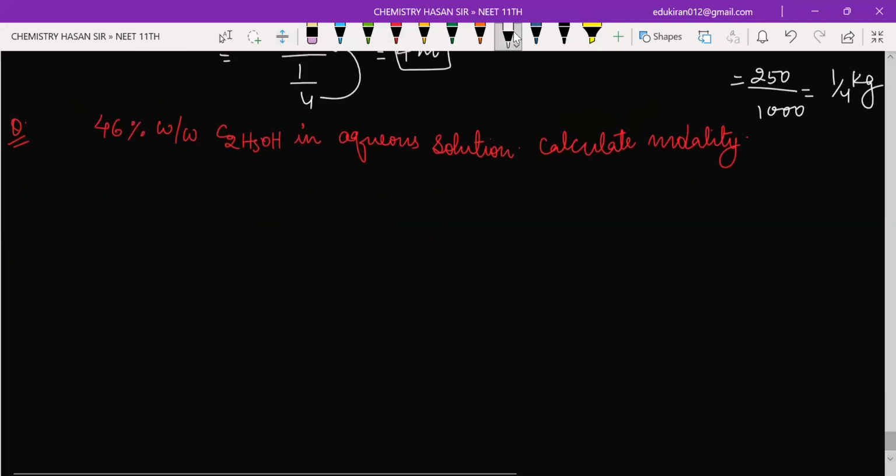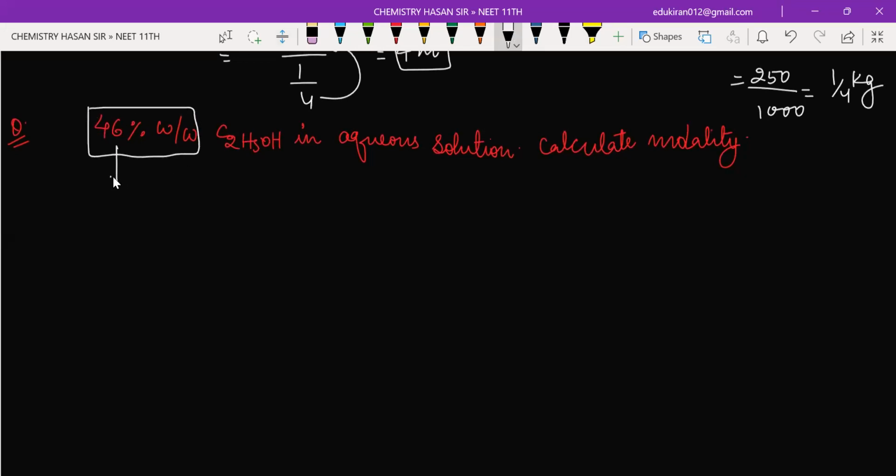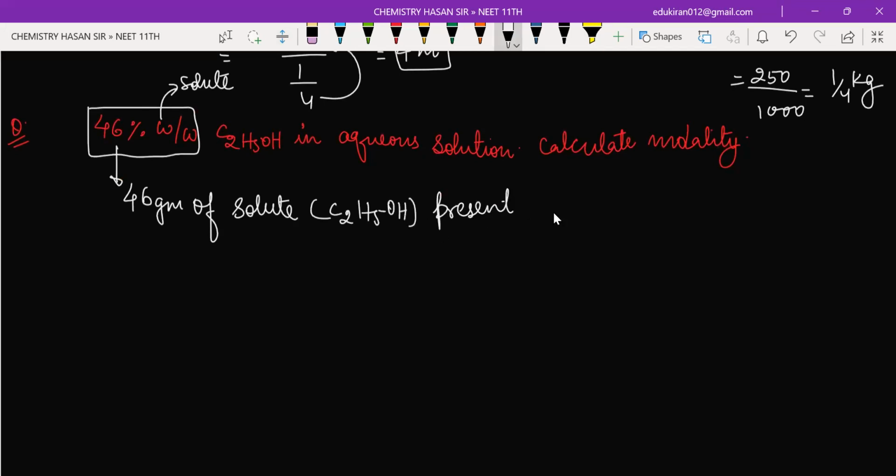When the examiner wants to make a tough question, they will use weight by weight or weight by volume. What does this mean? 46 gram of solute. This is for solute. And since W, we use gram solute. And solute here is your C2H5OH present in percent, that means 100, and this is for solution, and weight is there, so it will be 100 gram of solution. Now will you be able to solve this?